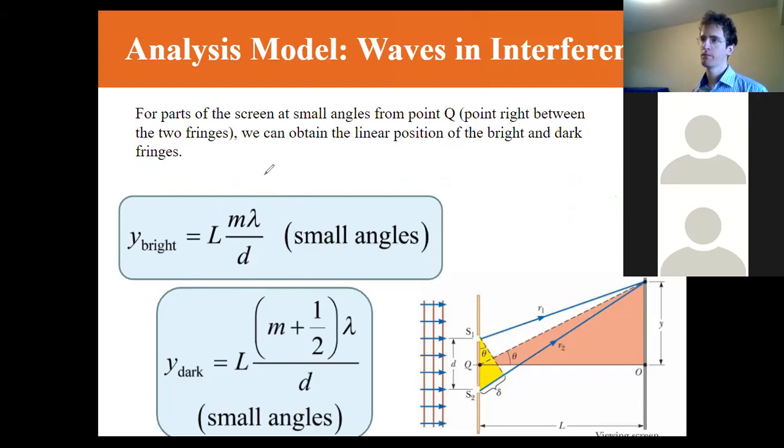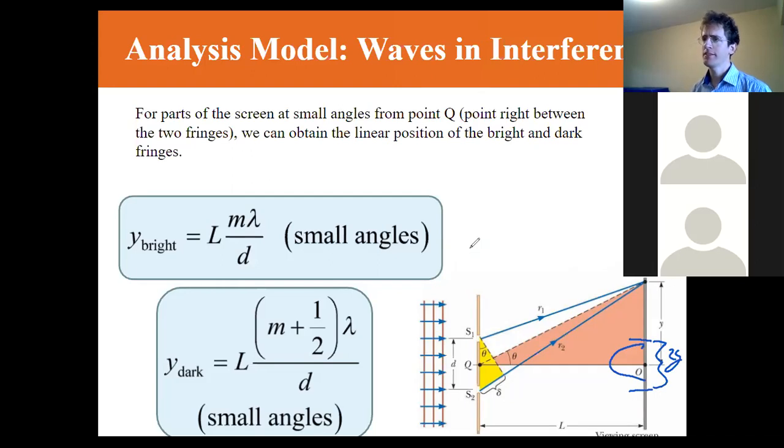So if we want to find every piece of the board that's light, we have to do y bright times 2, because y bright is only the top half, right? Yes, if you're looking for the width of a central fringe, the width will be 2y. Okay, I see. Thank you, sir.